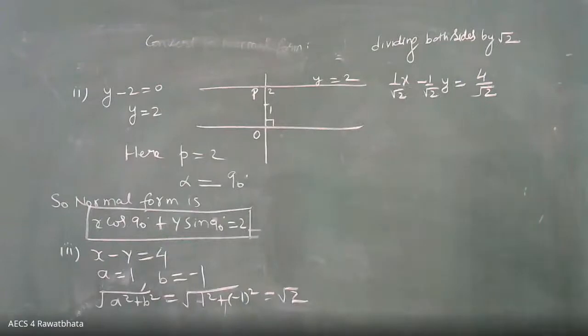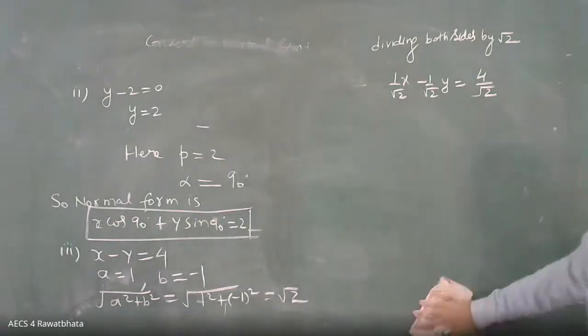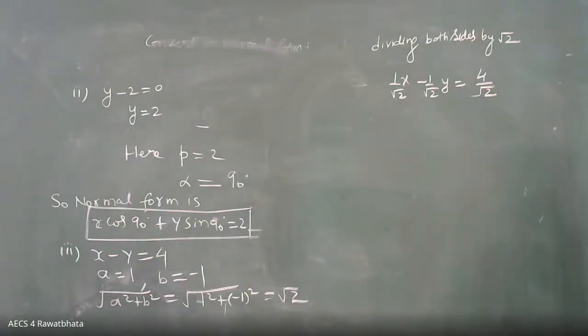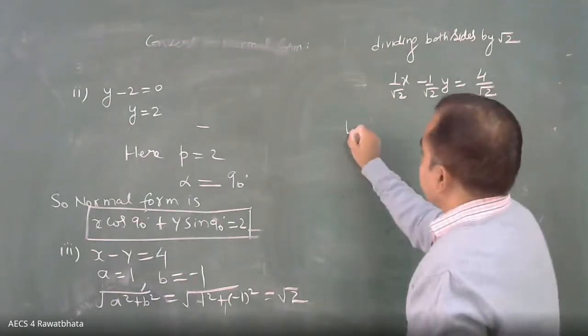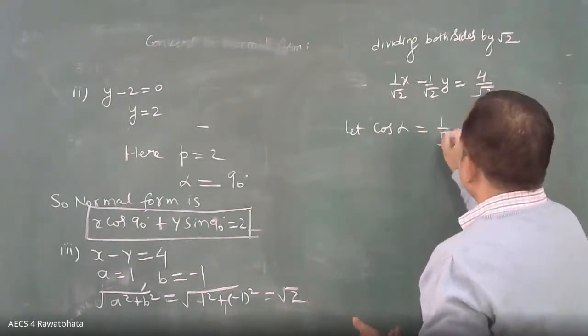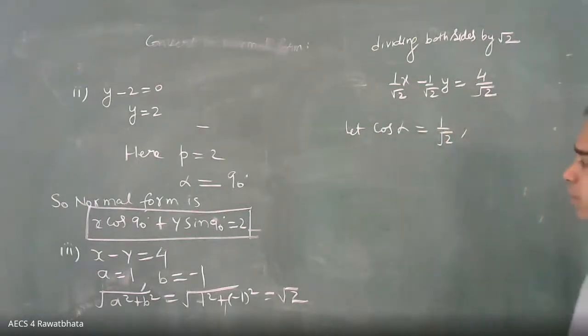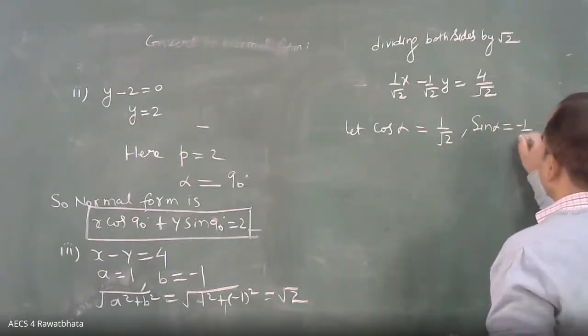Or any other student, what next? Yes, student, don't hesitate. बताइए, what next? See, we declare cos alpha and sin alpha. So let cos alpha is 1 upon root 2 and sin alpha equals to minus 1 upon root 2.